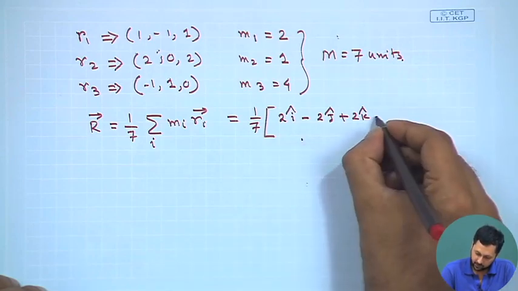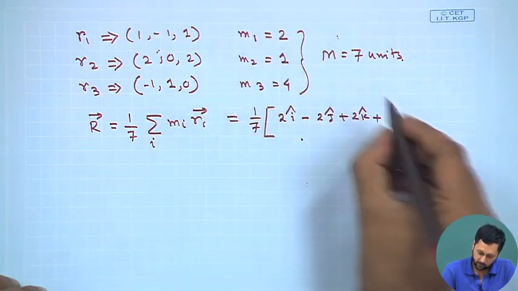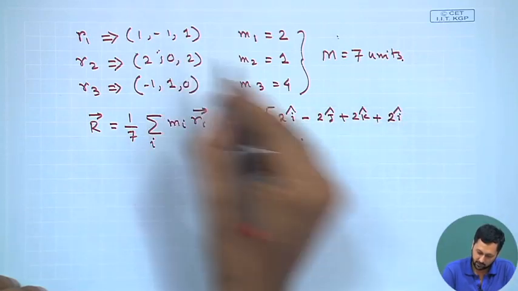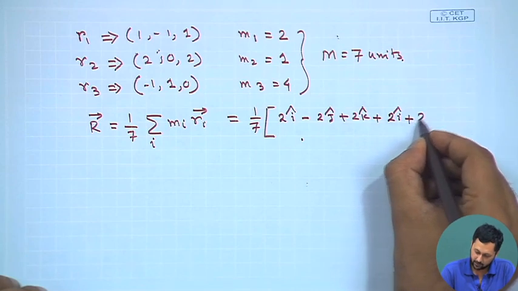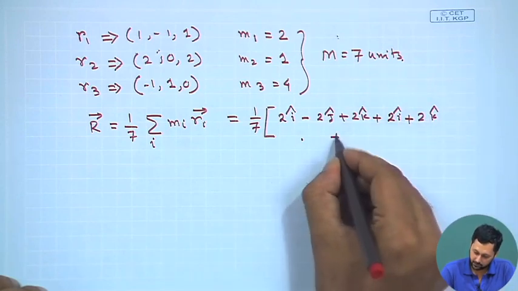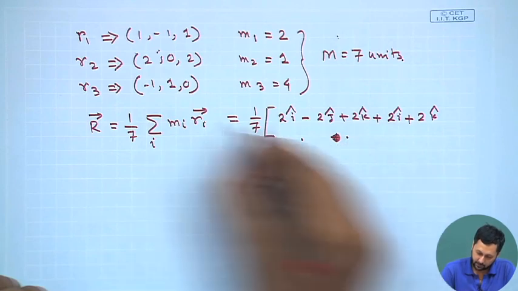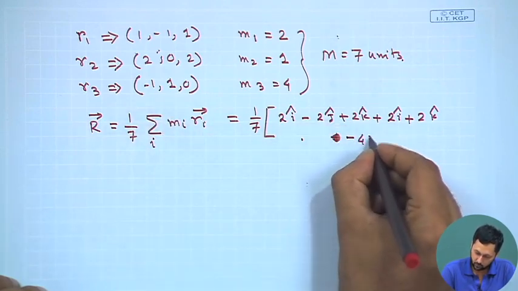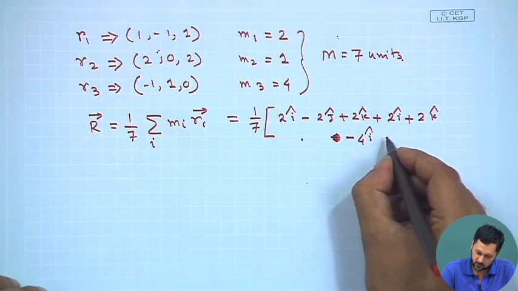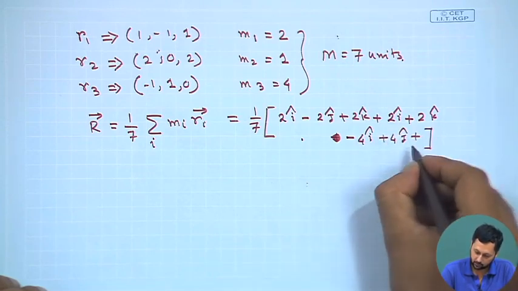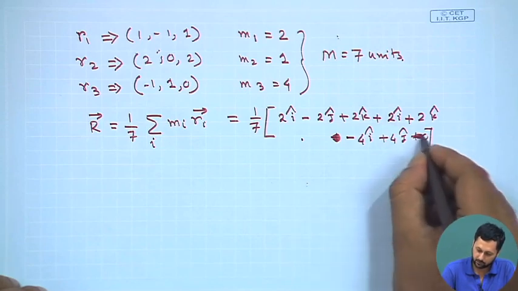For the second mass, I just have mass equal to 1, so I add 2i cap plus 0 j cap, I am not writing it, plus 2k cap. For the third mass, this is a minus sign, so this is minus 4i cap plus 4j cap, and k cap equal to 0, so I will omit it.